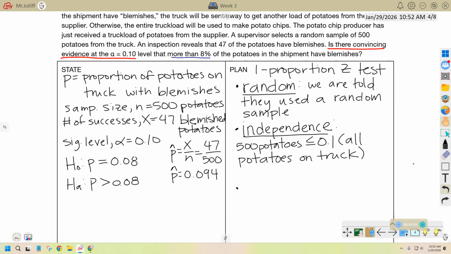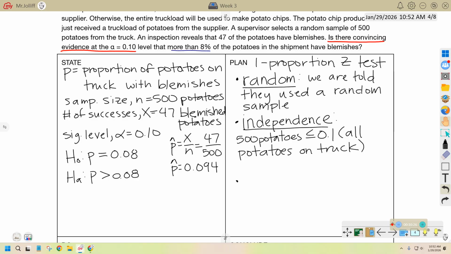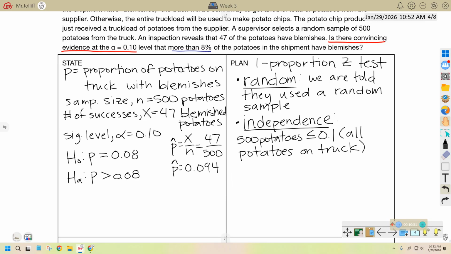One more. Gabe P, what is the last thing I need to check? Normal. Very good. Do you remember how we check for normality? Very good, so large counts.